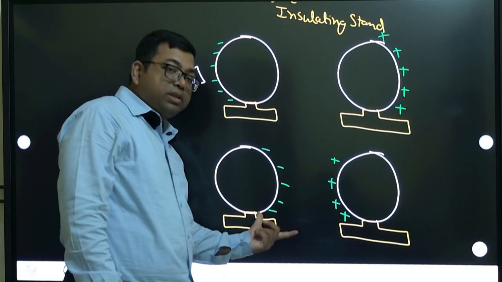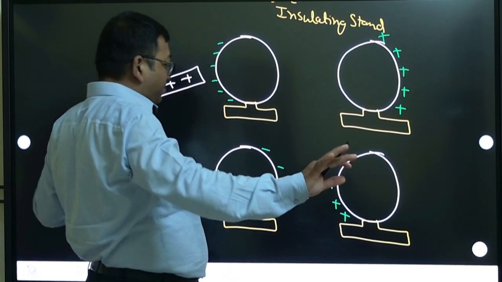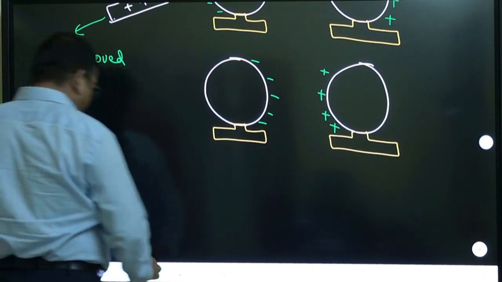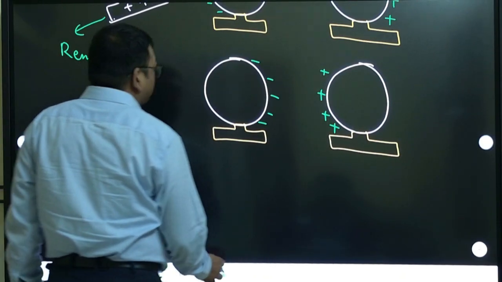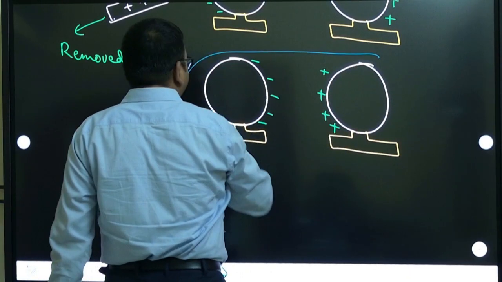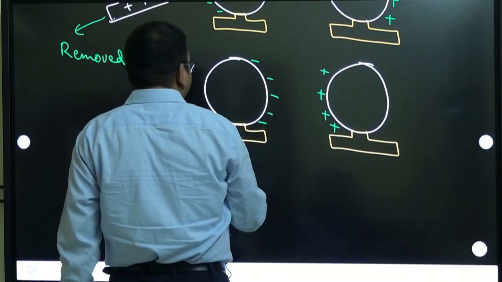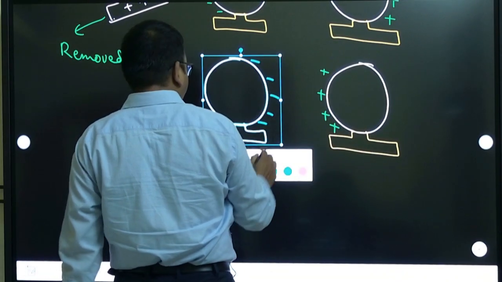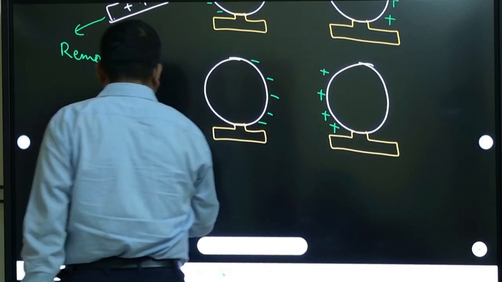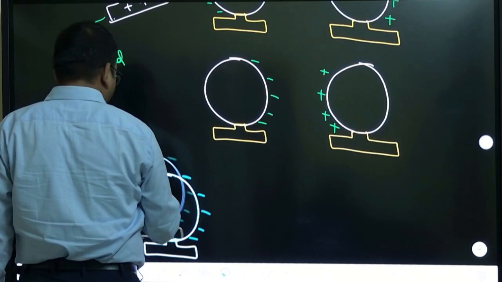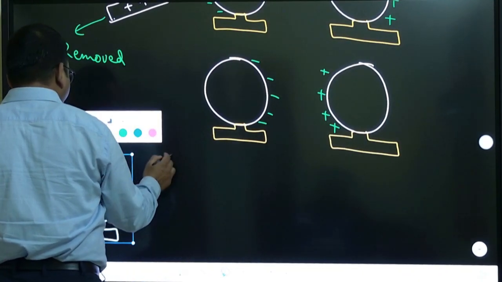Still they are close to each other. Now let us make them also separate. Let us separate them, means let us make them move further. Further I separate.